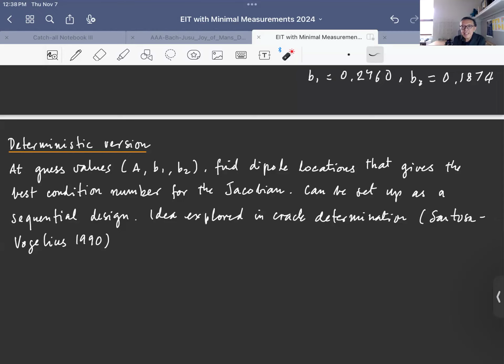And at the end of the day, what you hope to gain is a very good estimate of the parameters, but also the most stable estimate, in the sense that the Jacobian is as well conditioned as possible, meaning that it will be less sensitive to noise in the measurement.